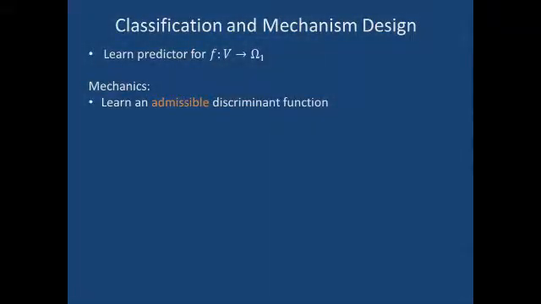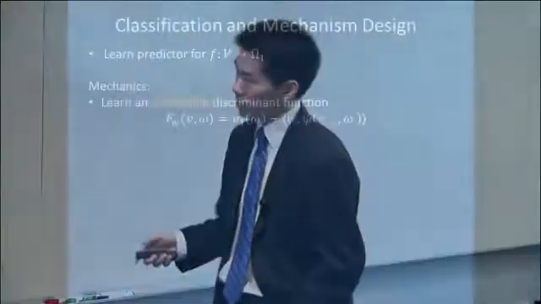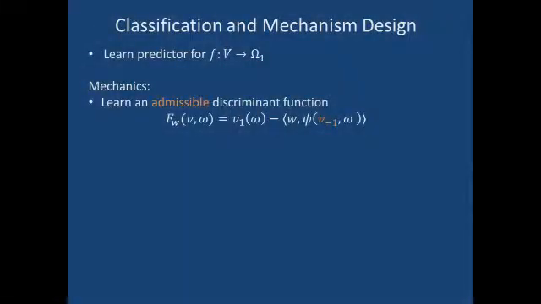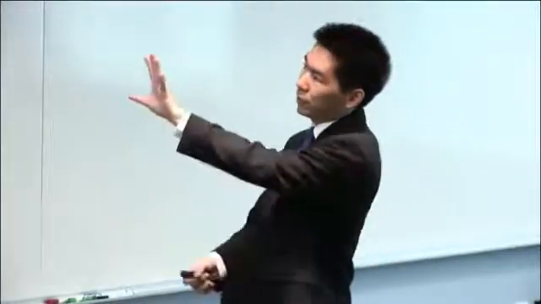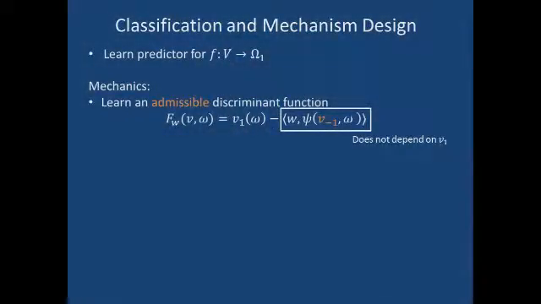We're going to use the structural classification ideas we saw before, and we're going to try to learn an admissible discriminant function. What that means is we're going to learn a discriminant function that has a particular form. The discriminant function will take the valuation profile and a possible outcome that agent 1 could obtain and assign some score to that. It has to be decomposed as agent 1's value for the outcome minus this term on the right.